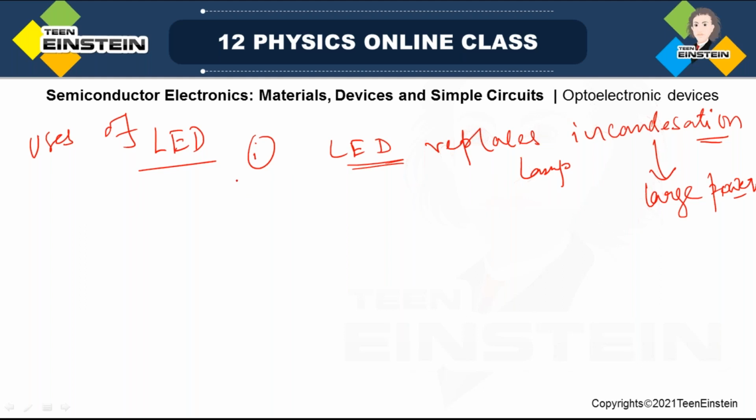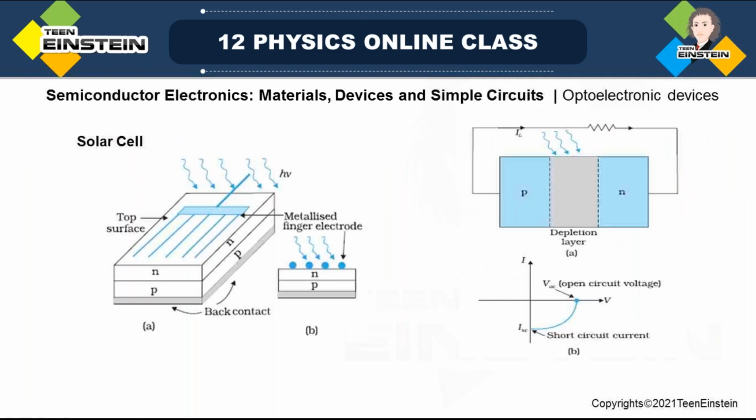All right, we'll go to the last one, that is the solar cell or photovoltaics. It has a working principle similar to a photodiode. I'll discuss it once again. So what happens here? You have metallized finger electrodes.